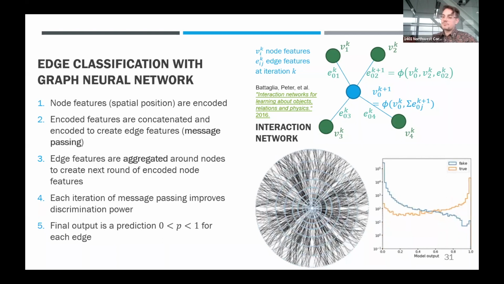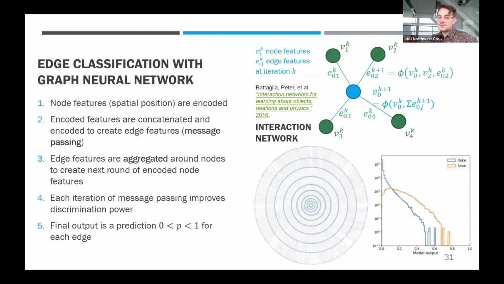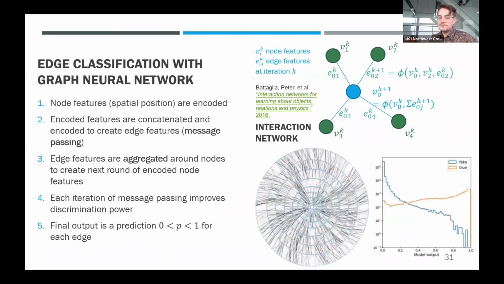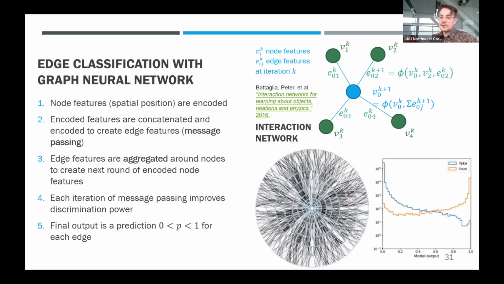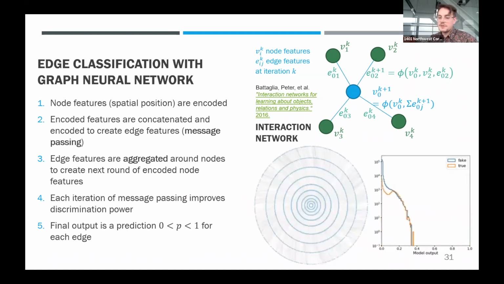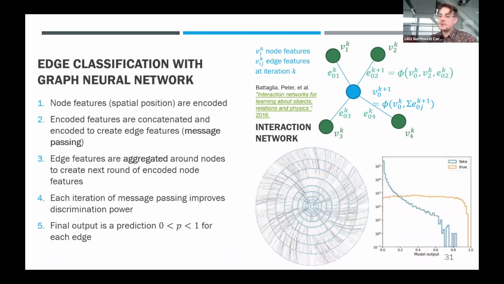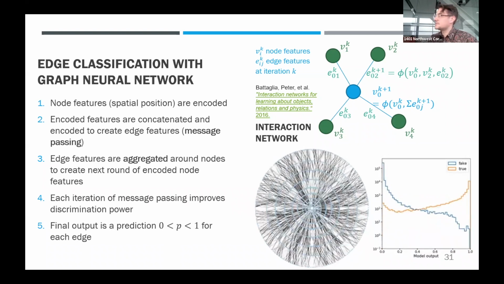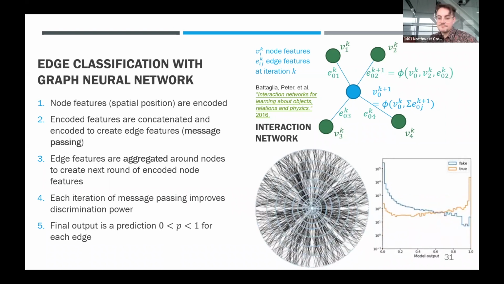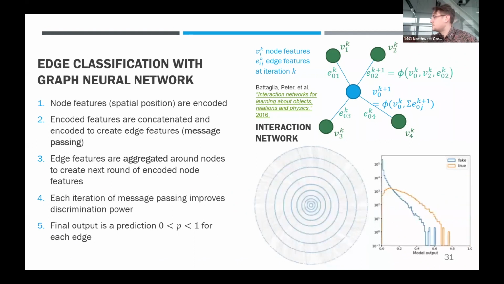So the idea is we embed the node features, meaning the hit features, encode them, and then we aggregate those features around each edge and pass those through edge networks. So we basically have the most general way of passing information from one node to another. And this happens over a series of, say, 6, 7, 8 message passing steps.